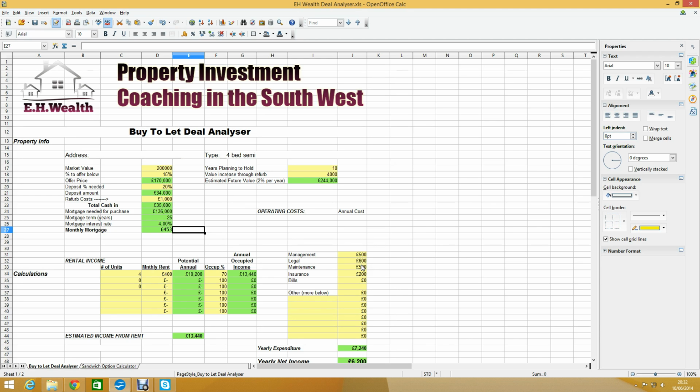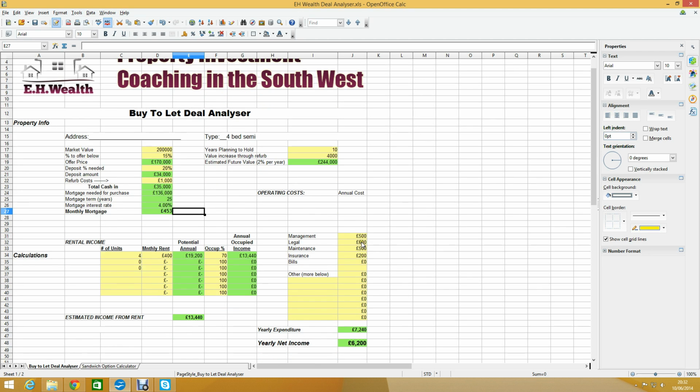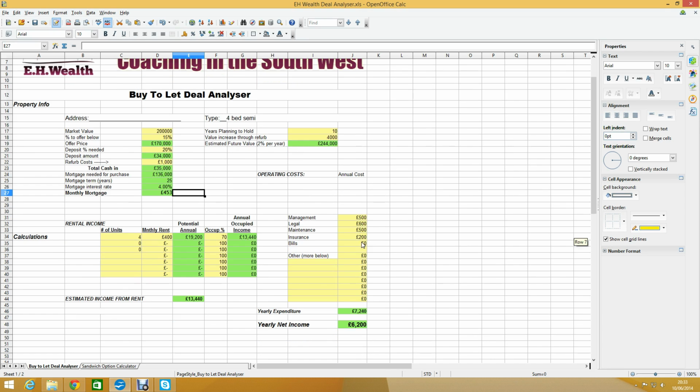Then what we're going to do is stick in any costs that we're going to incur. So management on this, we're going to cover. We're going to have any legal, maintenance, insurance, bills. The best thing to do on this is to make them quite conservative. So put them over the odds on this and below the odds on the rental income. So then you're not going to be surprised if you don't make as much as you think you're going to make at the beginning.